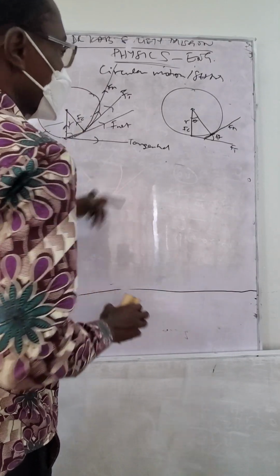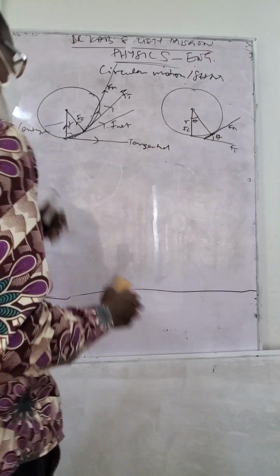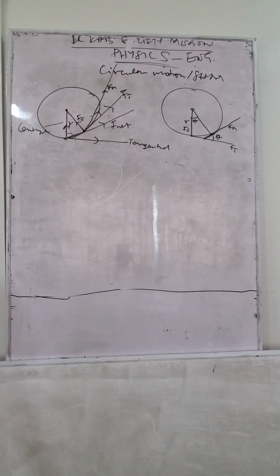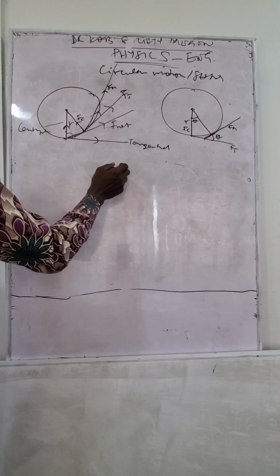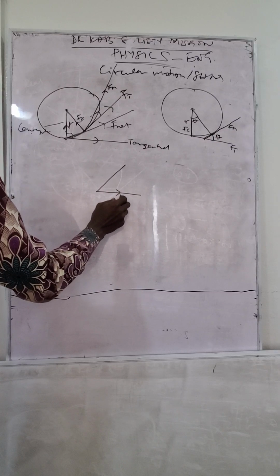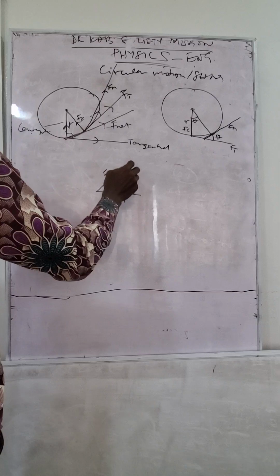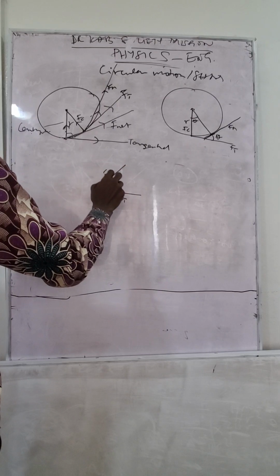So what you can just deduce is, if you have an angle here and then two tangents, straight away this angle is equal to this. That can be something you can always appreciate. So let's put this in perspective. Now if you have this angle, this is FT, this is F net, which is going that way.